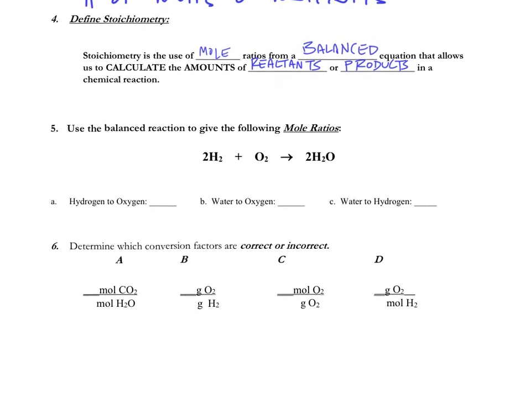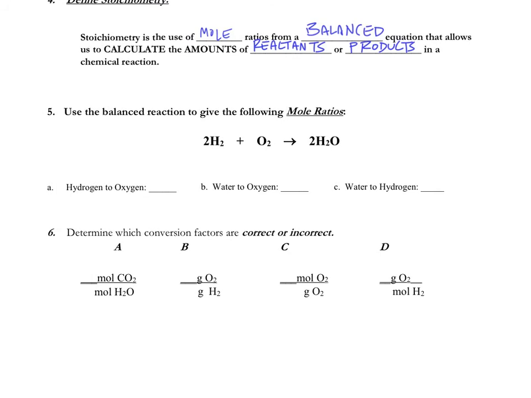So moving on, it says use the balanced reaction below to give us the mole ratios. The mole ratios are found by looking simply at our coefficients. So I see a coefficient here, a coefficient here, and a coefficient here. Even though this one's not written, this is actually a 1.